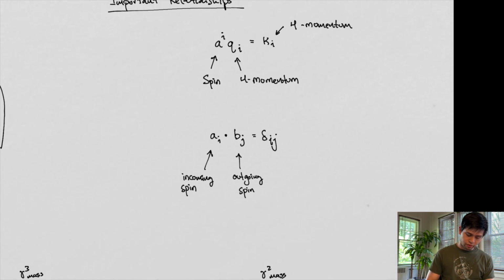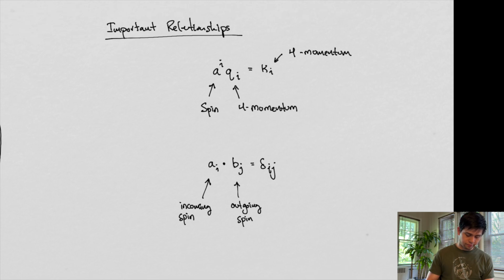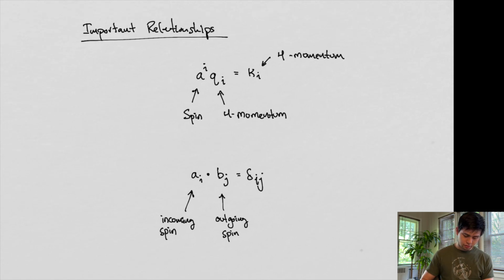Let's touch upon one last thing here before we call it. This is the relationship between these bookkeeping tools and our four momentum, because this is going to be important for evaluating our second order approximation to our Bhabha scattering. So we have this AI here. This is our bookkeeping tool that accounts for the spin. We have a four momentum. We call it, the spin is dimensionless.